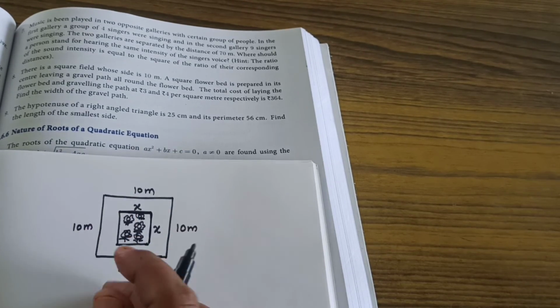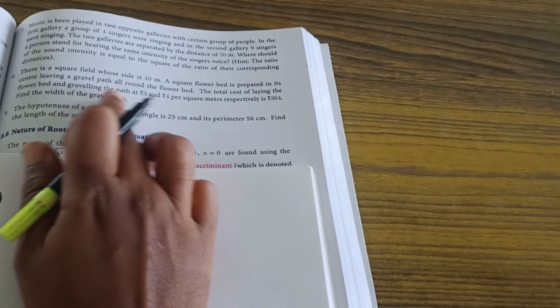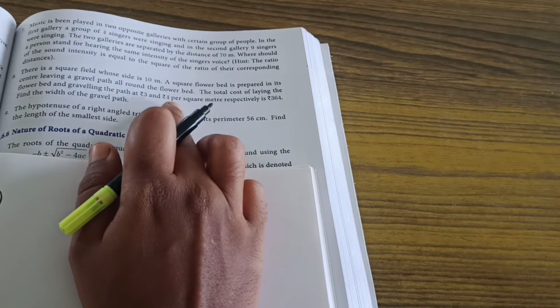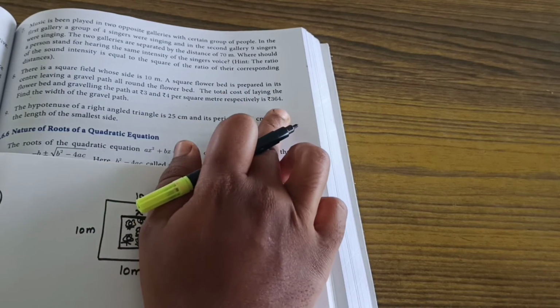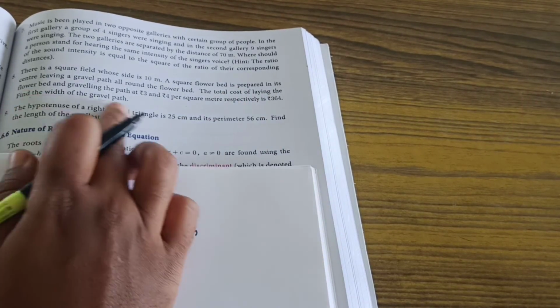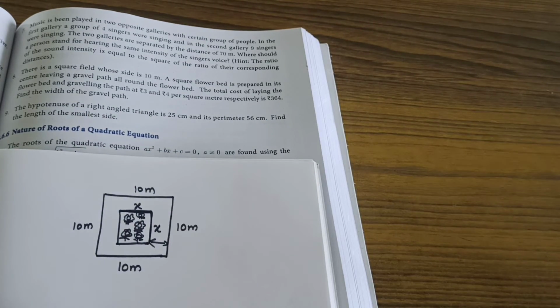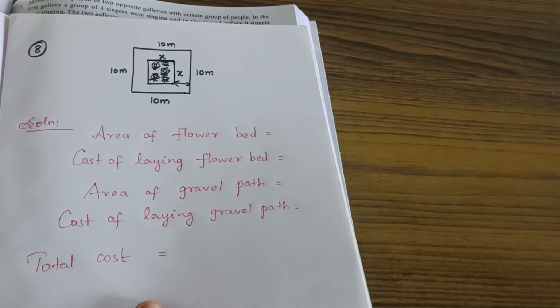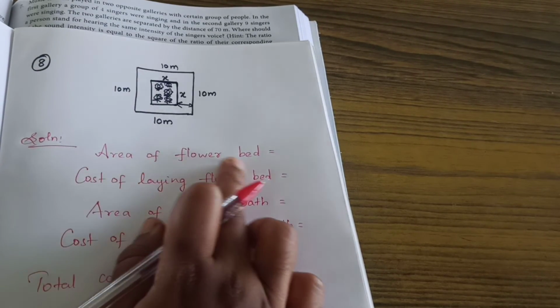All the sides x only. The total cost of laying the flower bed and graveling the path at rupees 3 and rupees 4 per square meter respectively is 364. We need to find the width of the gravel path. This width only we need to calculate. Okay, shall we solve now? Listen dear students, the information I wrote. Area of flower bed.